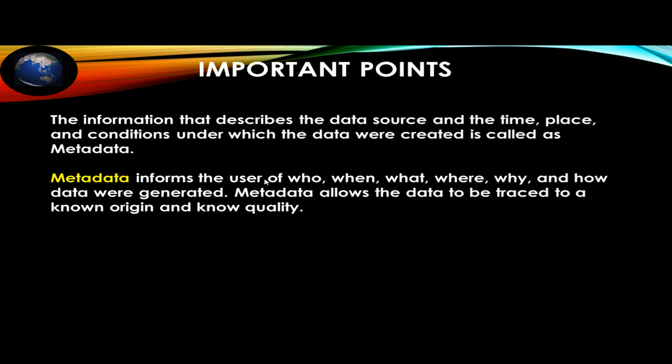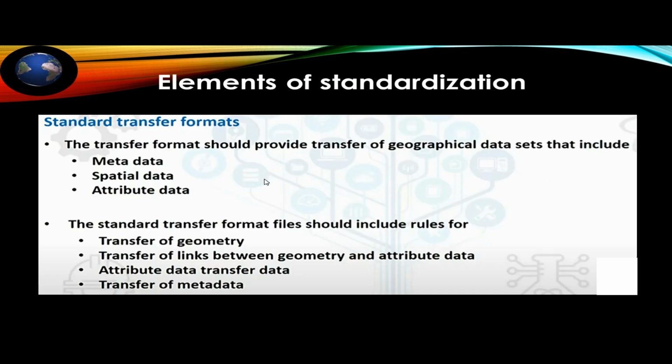The metadata informs the user who, what, when, where, why, for what reason, how it was generated, and which source it came from. The metadata allows the data to be traced to a known origin and known quality. So this is the information regarding metadata. One question was based upon that.